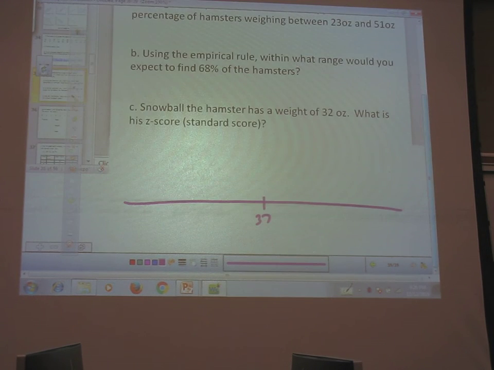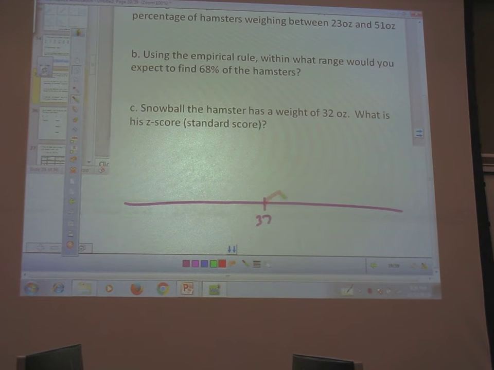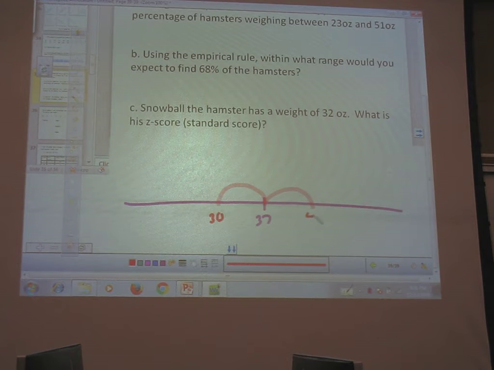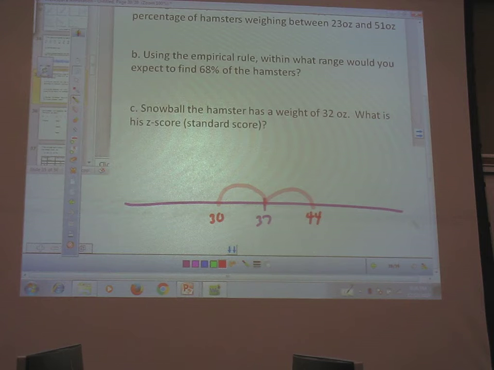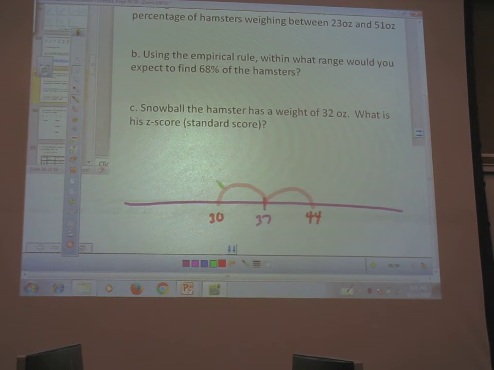All right, let's go over it. So here, if I go 1 standard deviation in either direction, if I go back 7, I'm at 30. If I go up 7, I'm at 44. This rule says that 68% of my data will lie from here to here.